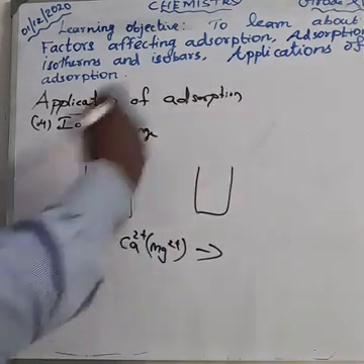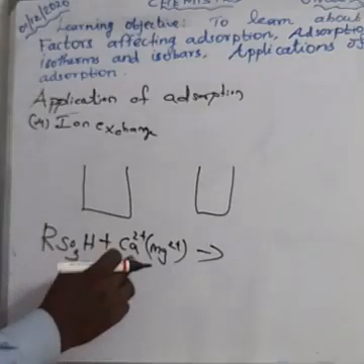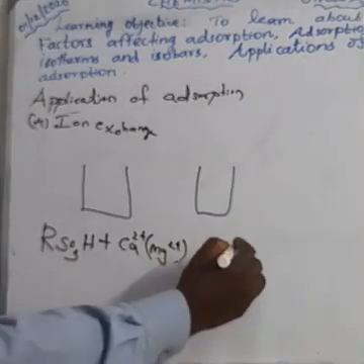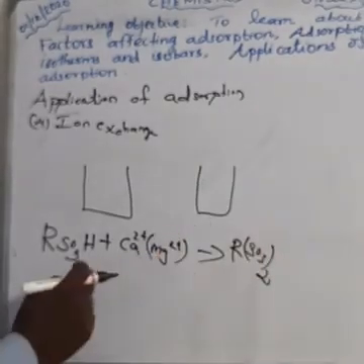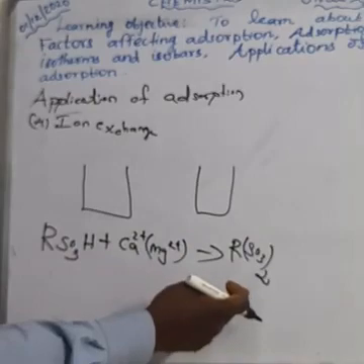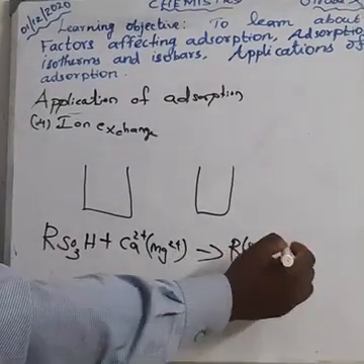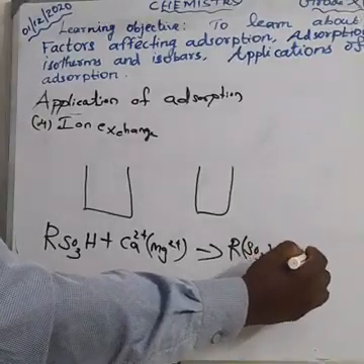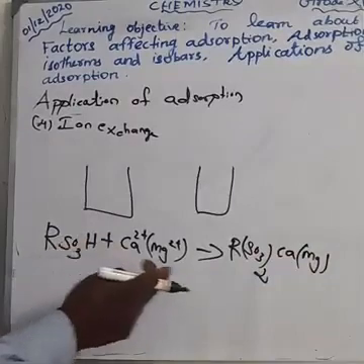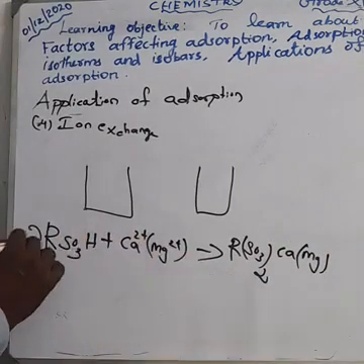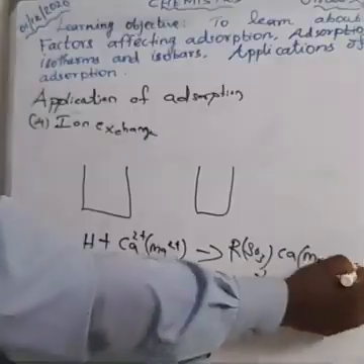So the remaining product is (RSO3)2CaMg. It should be balanced, don't worry. SO3 twice means you should have 2 hydrogens, so 2 H+ ions.